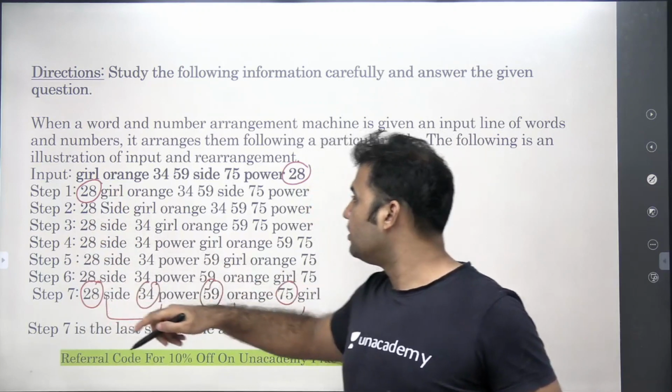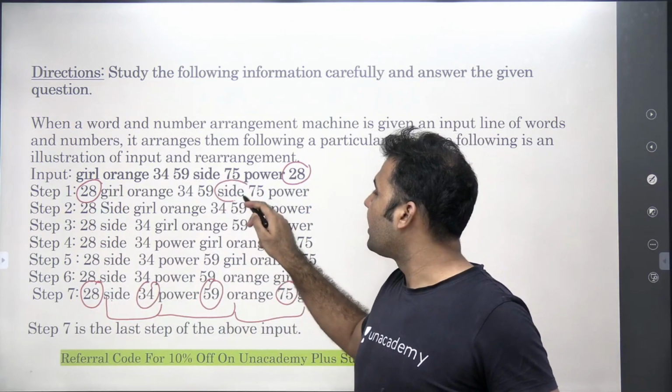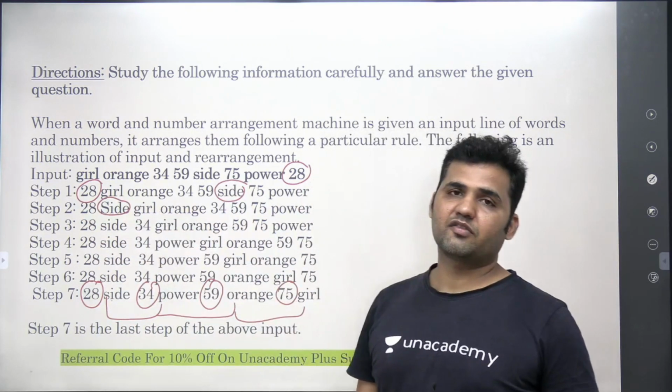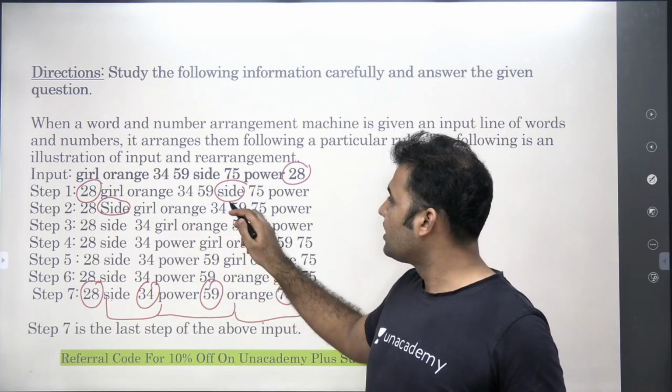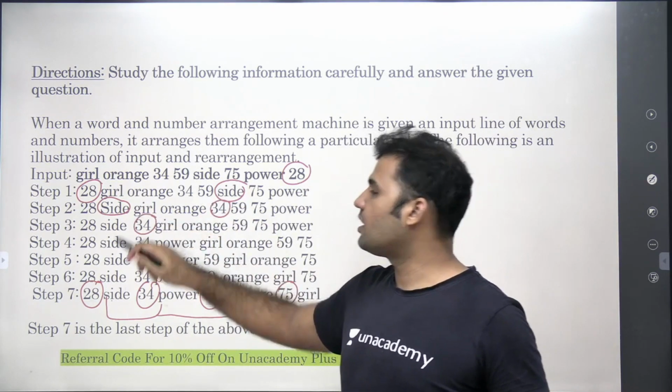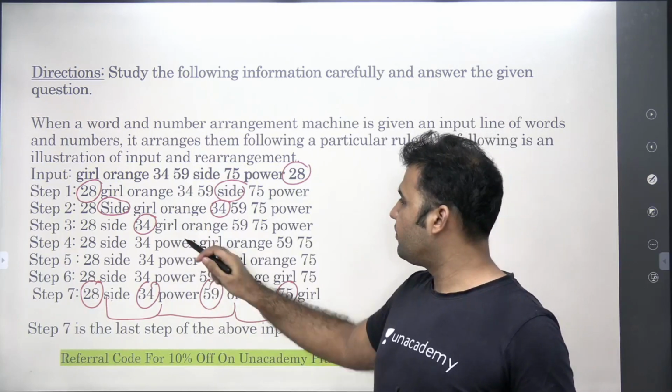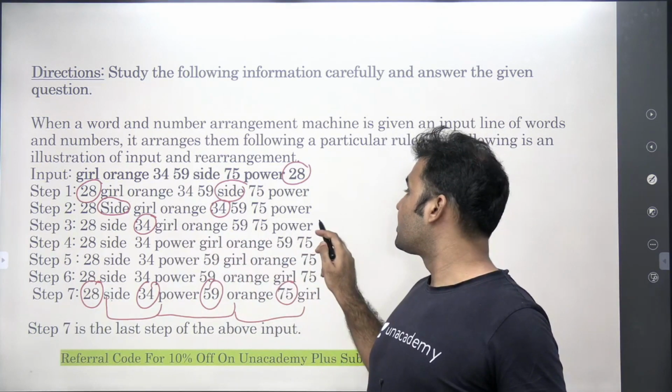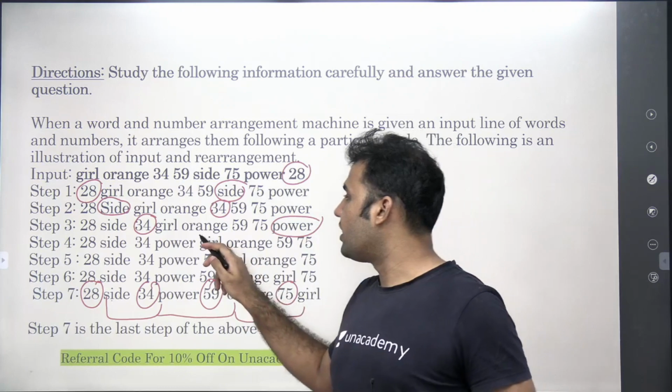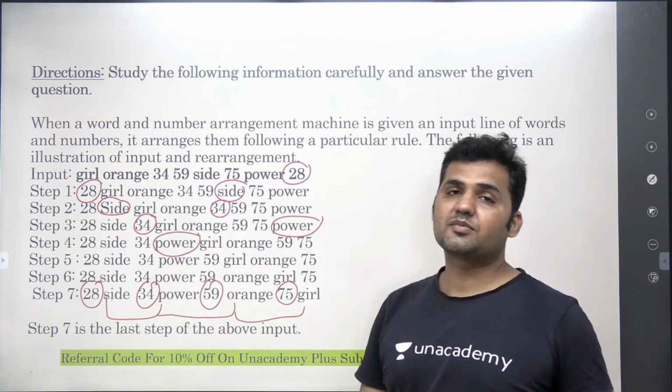And in step 2, the largest alphabet has been taken on the second left position. And then in step 3, the second largest number is taken on the left. And in step 4, the second largest word, that means alphabet, has been taken on the left.